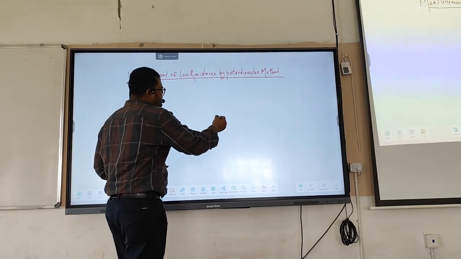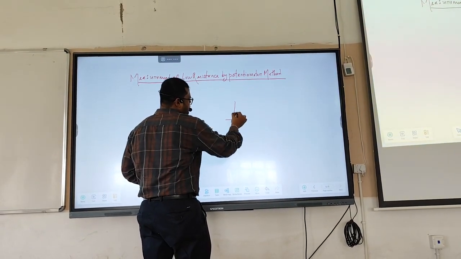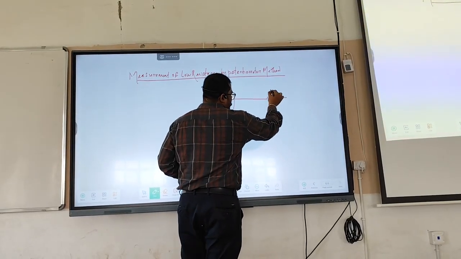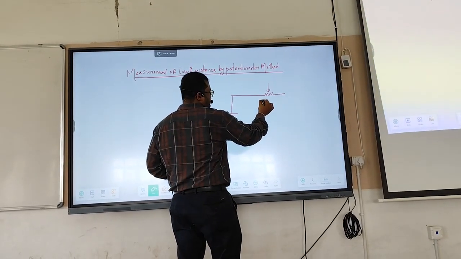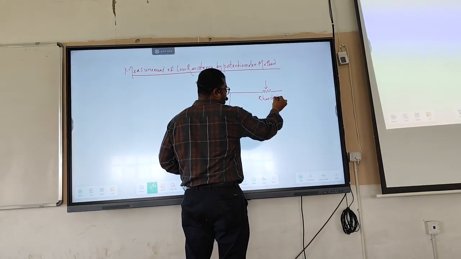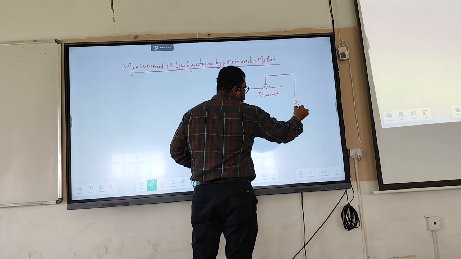We are taking a supply, and a rheostat is connected with the resistances.